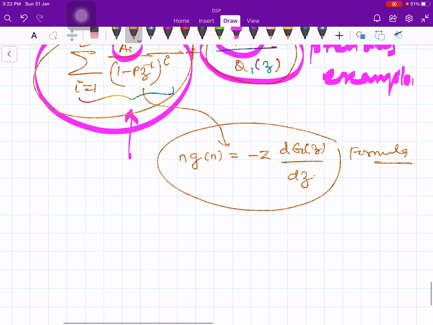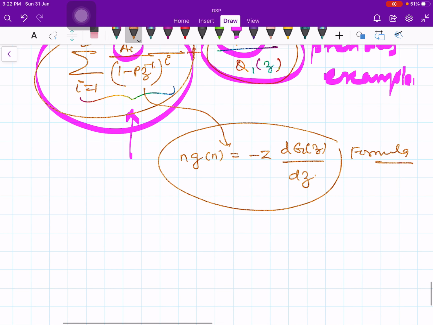Well, all textbooks give this formula. This formula is a little difficult to remember, so generally I will not use it. Unless I am forced to, I never use it, but it is always good to know. Let me write down this formula for completeness.